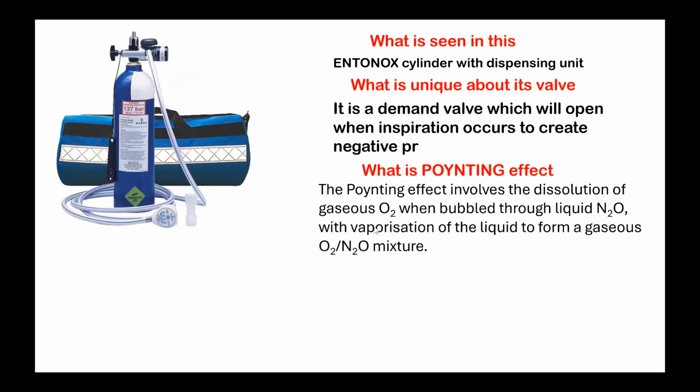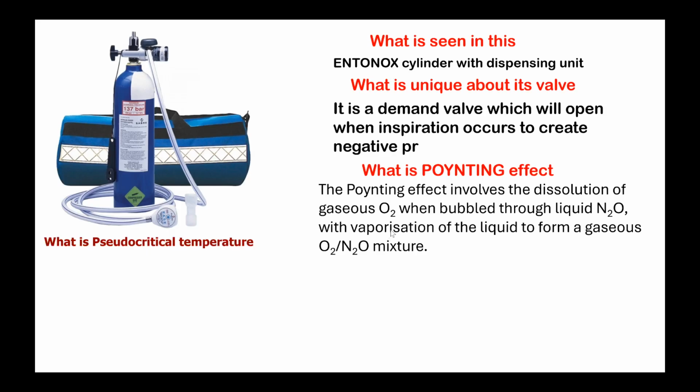If you force oxygen gas to bubble through this, both nitrous oxide and oxygen will become a gas mixture called Entonox. Why is it called Entonox? 50% oxygen and 50% nitrous oxide. N2O is the symbol of nitrous oxide, OX is the symbol of oxygen, O2. That's how the name was got.